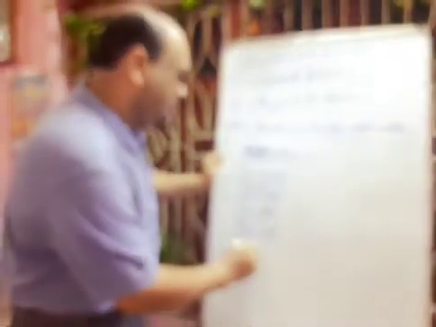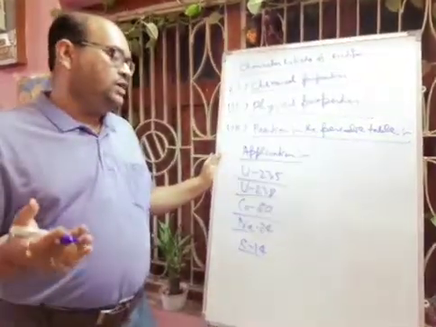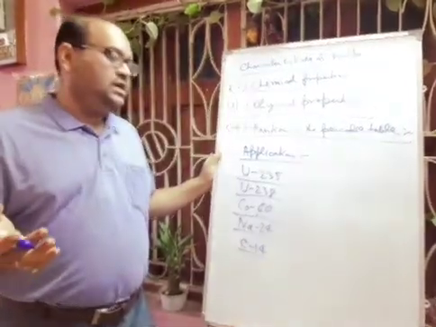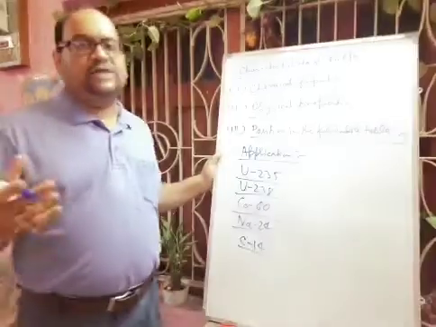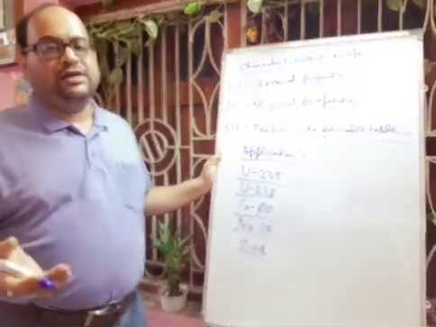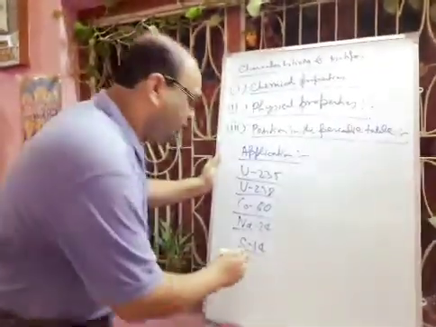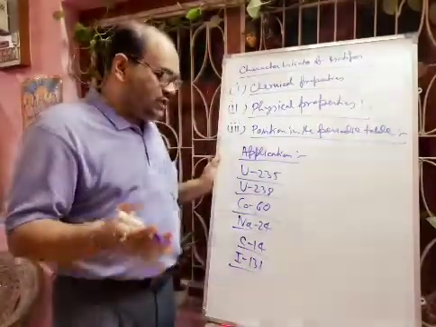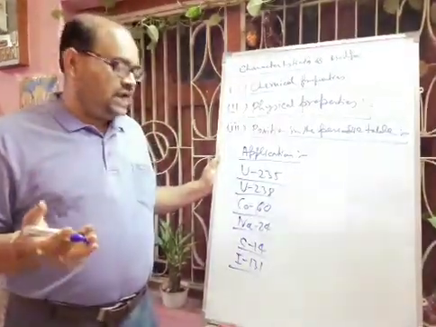Next we will tell that the C-14 isotope is used for radiocarbon dating. That means if you have any carbon sample, what will be the age of this carbon sample, by the radiocarbon dating technique, by using this C-14 you can easily tell. Next we will tell that iodine-131 is used for treatment of thyroid gland disease.